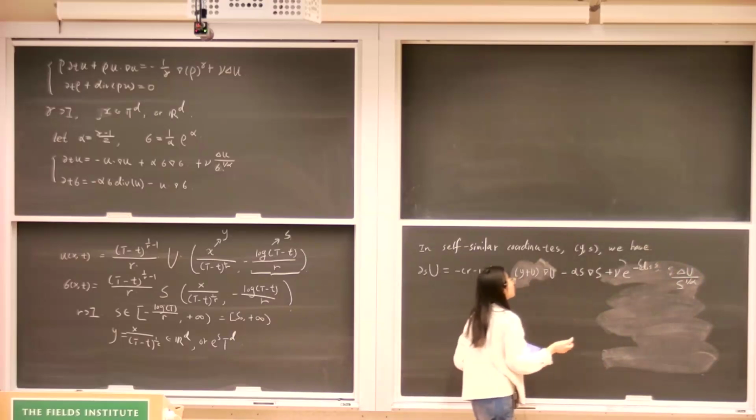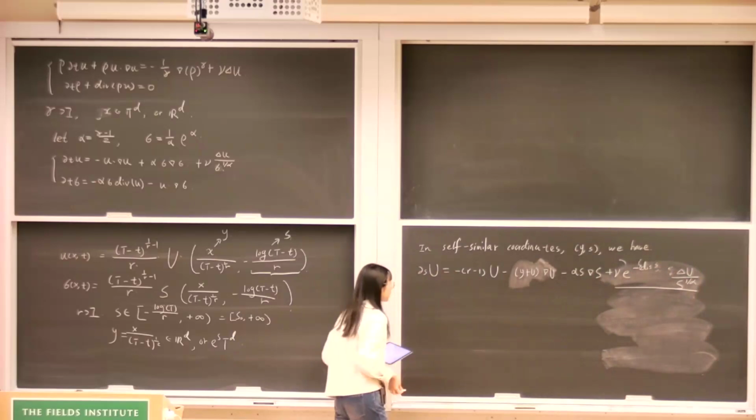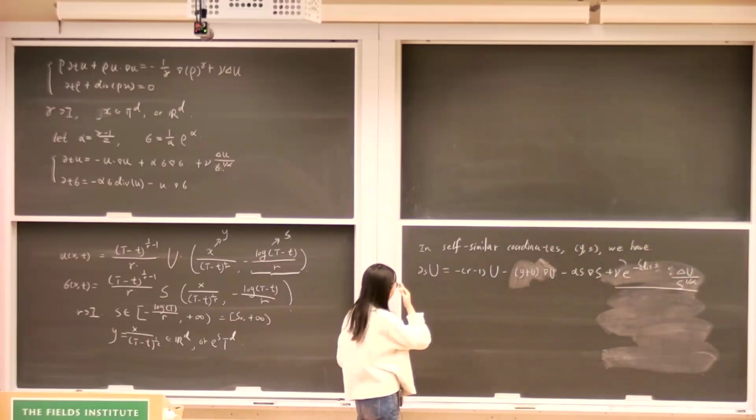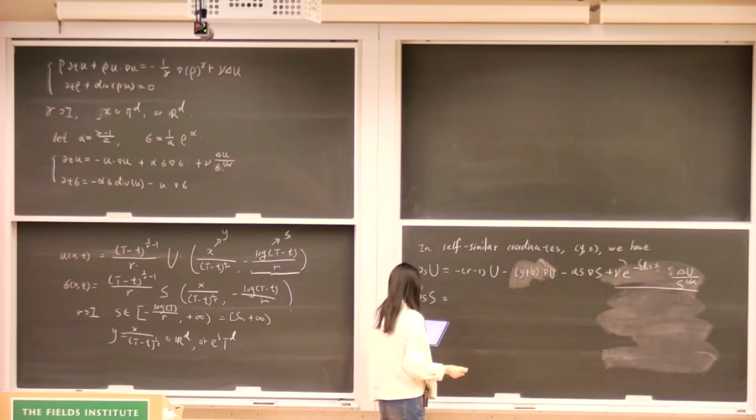So this is the Navier-Stokes thing. And as you can see, other terms have no exponential effect, so only the Navier-Stokes terms will have exponential effect.